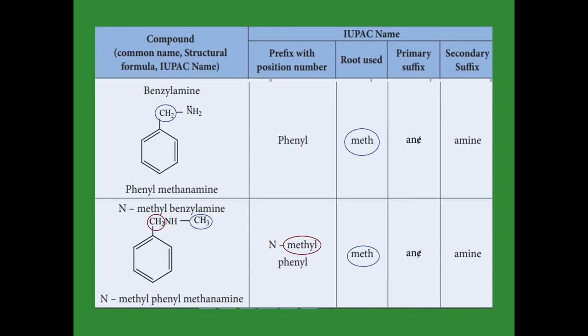That methylphenyl is attached to the nitrogen, so N-methylphenyl. Please remember that we never separately write N-phenyl N-methyl, it is wrong, because the nitrogen is directly attached to the methyl, and that methyl alone is attached to the phenyl, so we have to take it as only one group, that is methylphenyl. So N-methylphenylmethanamine.